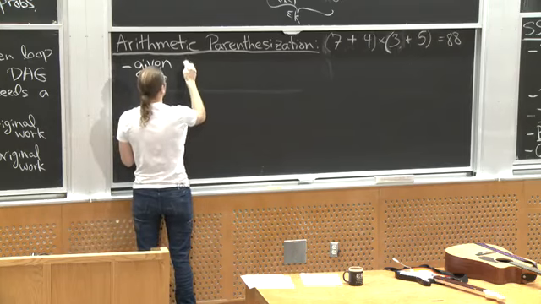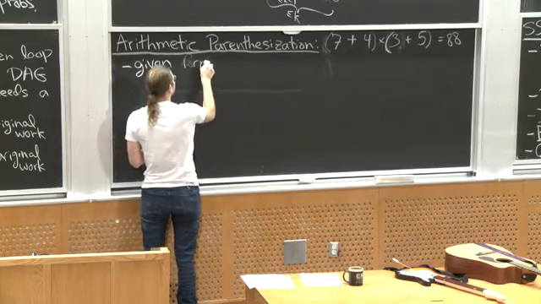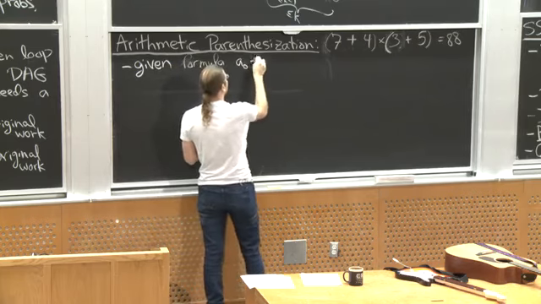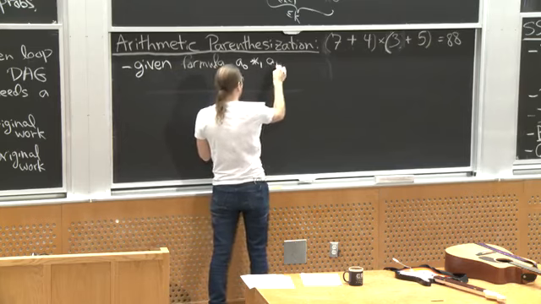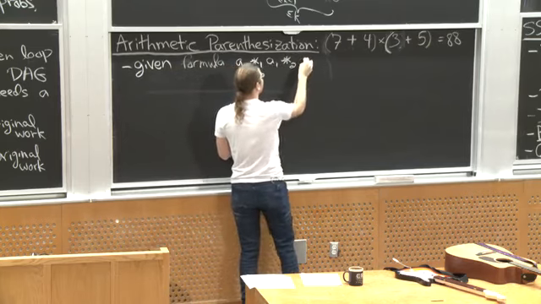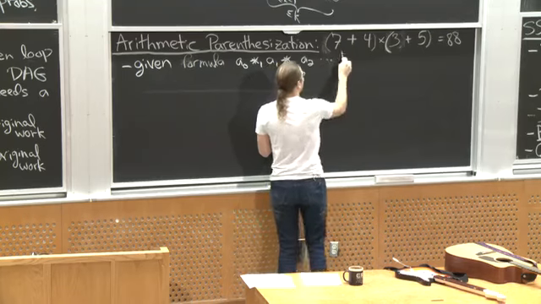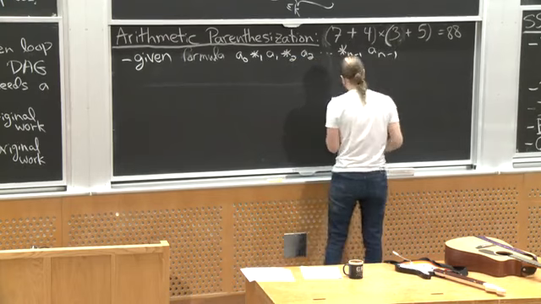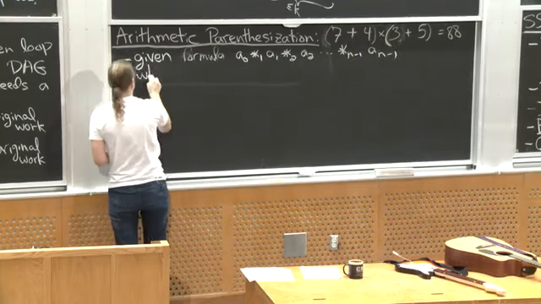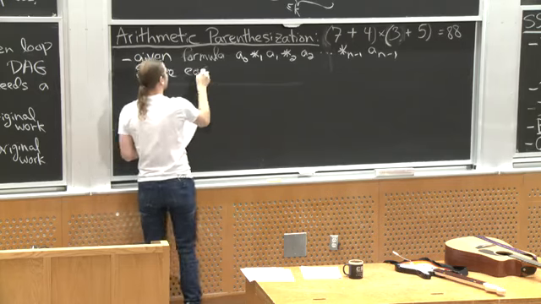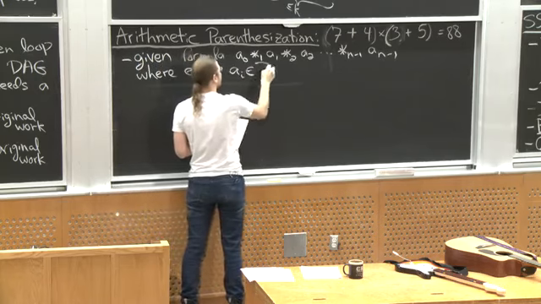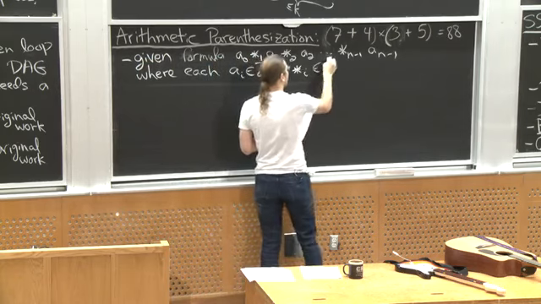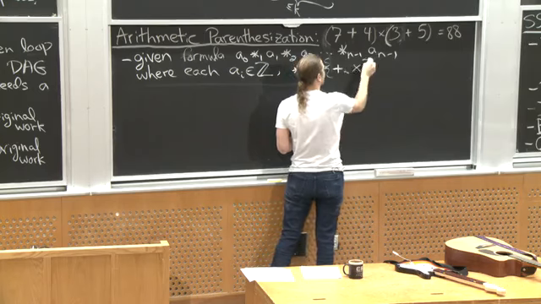So given a formula A0 star 1, A1, star 2, A2, and so on, up to star n minus 1, A n minus 1, where each A_i is an integer, as we like in this class, and each star i is either plus or times.